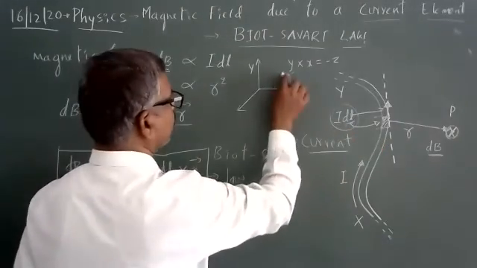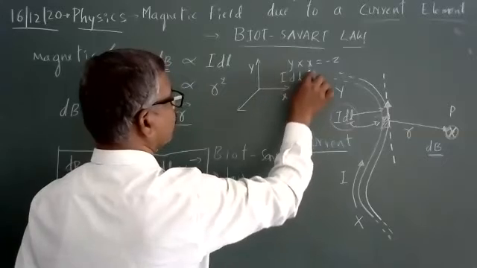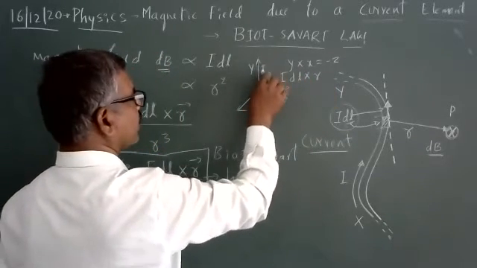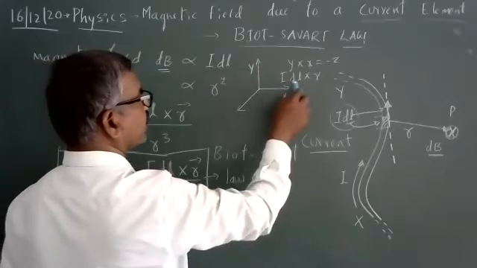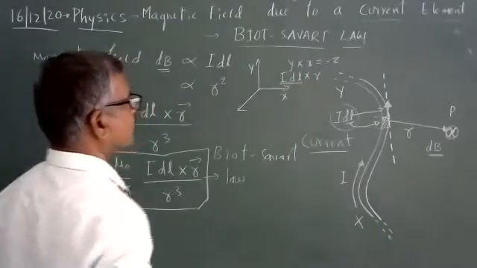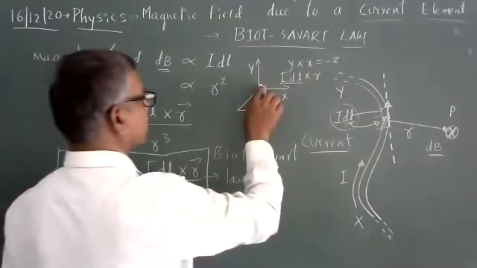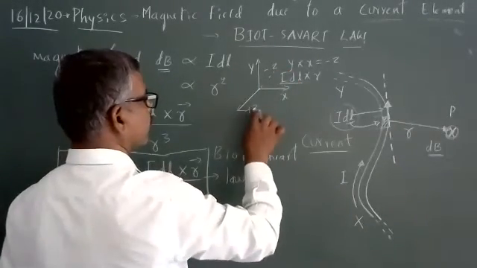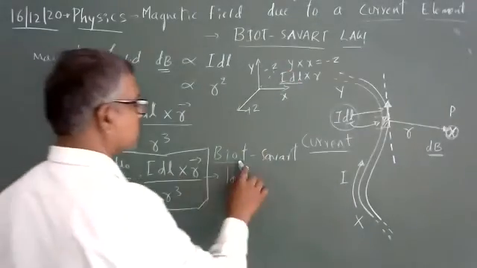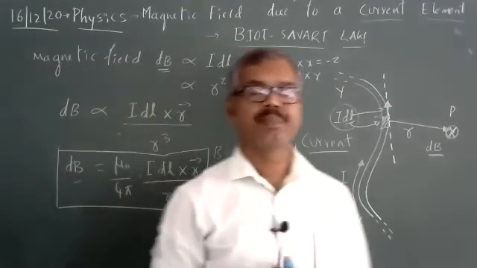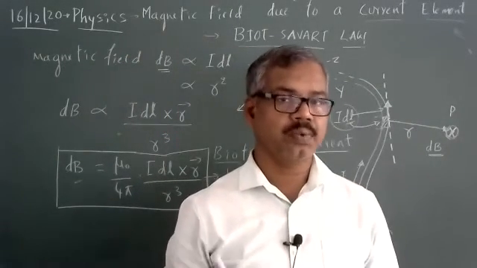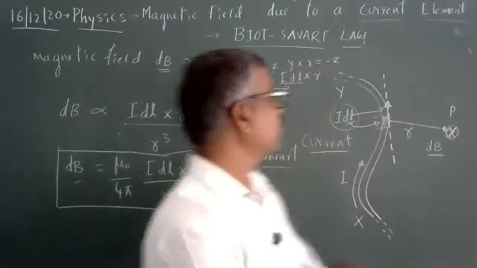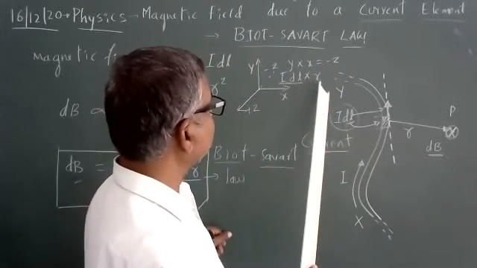This is I dl cross r. If I dl is in the y direction, given by the current element, and x is the r direction, the direction of the magnetic field is into the plane. That is plus z, and this is minus z. This convinces us that the magnetic field due to a current-carrying wire is mutually perpendicular to both the current element and the radial vector.